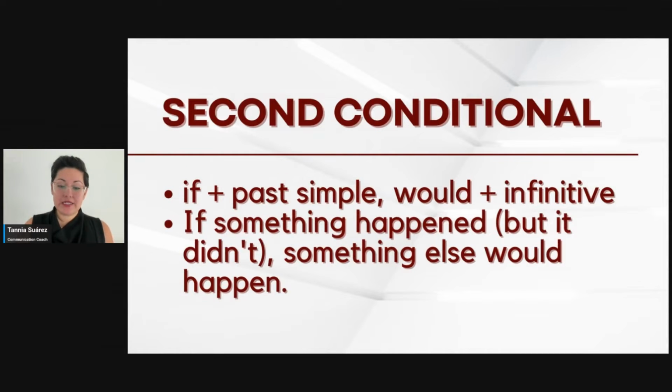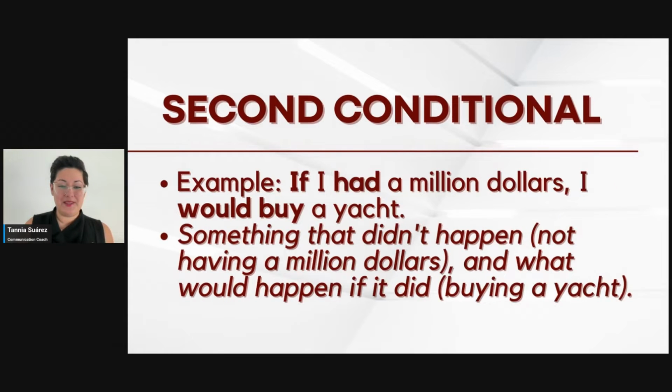Okay, let's go back. Now for the second conditional, we're getting a little more complicated on the grammar, but you've got this. Remember, you're going to try to understand the purpose for the story. With the second conditional, if something happened, but it didn't, something else would happen. So if I had $1 million, but in this case, you don't. If you don't have $1 million, then you would say: if I had $1 million, I would buy a yacht.